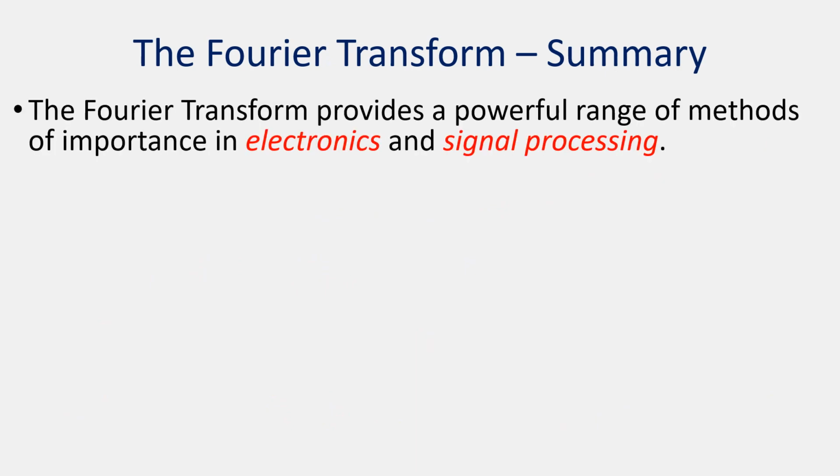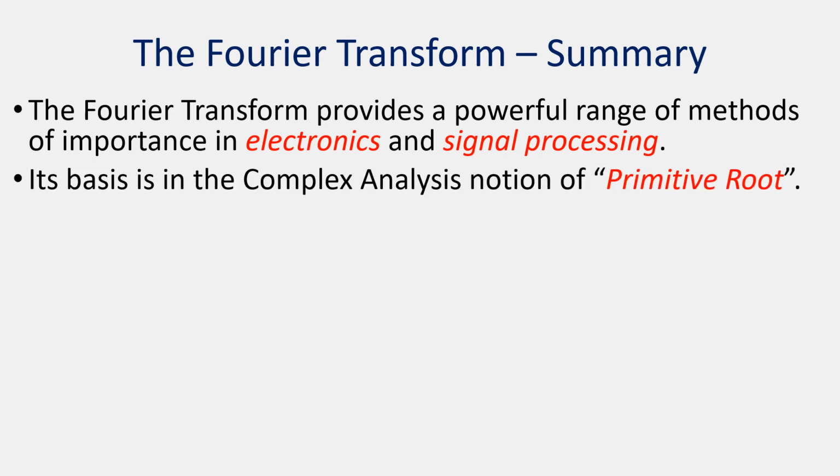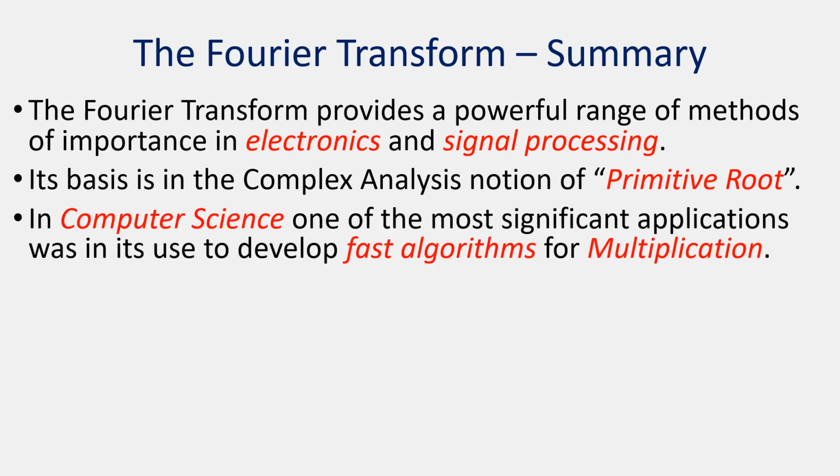So let me just summarize what we've seen here. The Fourier transform has a very powerful range of applications in electronics and in signal processing. The basis of the Fourier transform is this complex analysis notion that we met earlier, called the primitive root of unity.